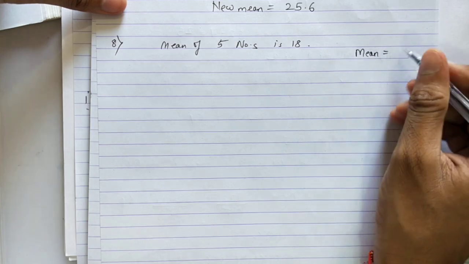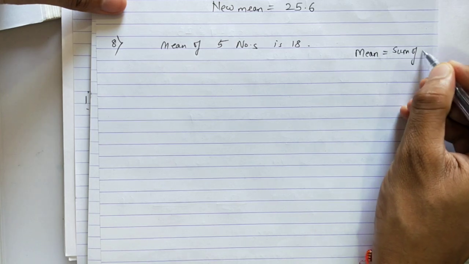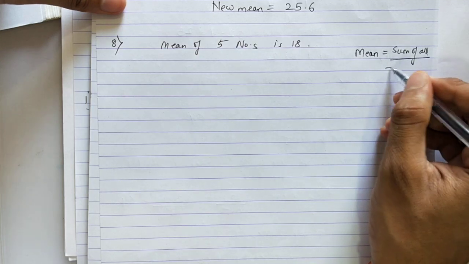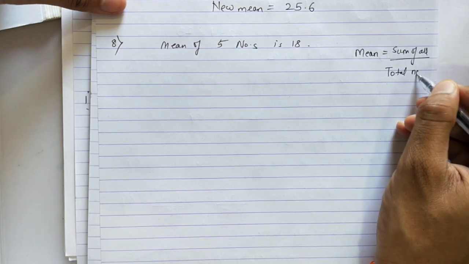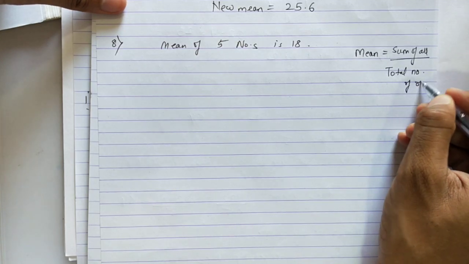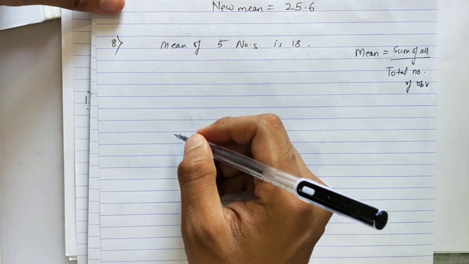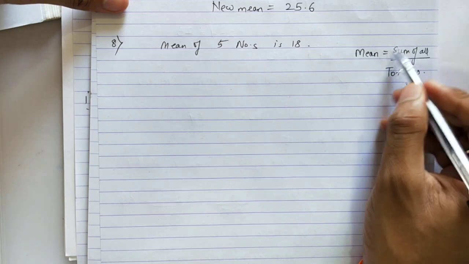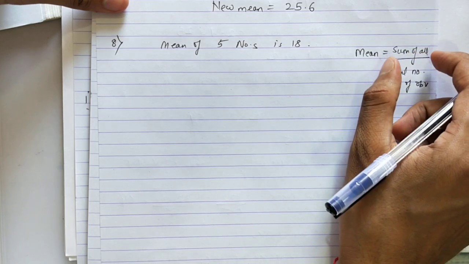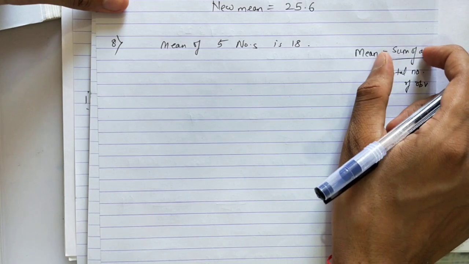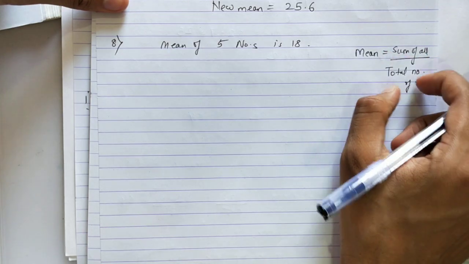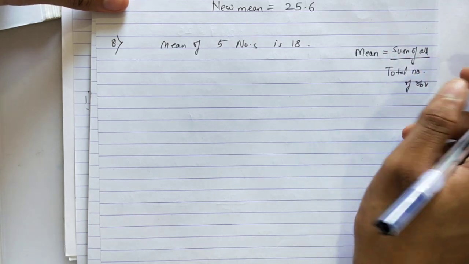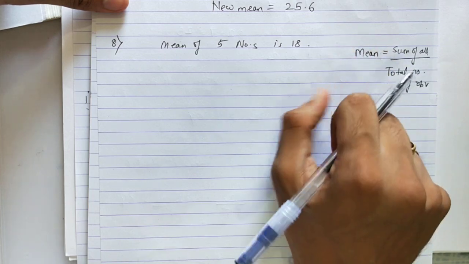Mean is sum of all observations upon total number of observations. Sum of all observations means this is the total value, upon number of values, and this is mean.